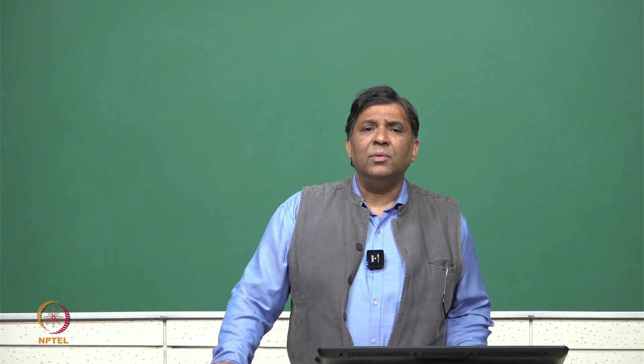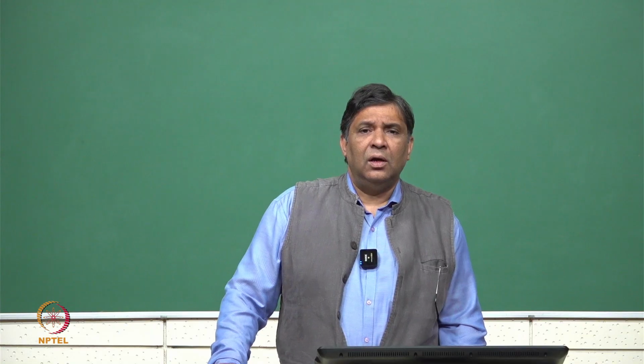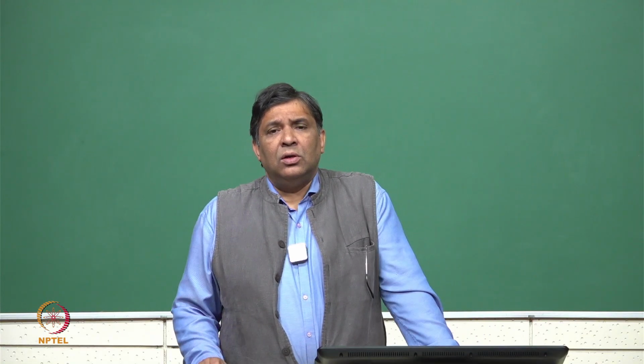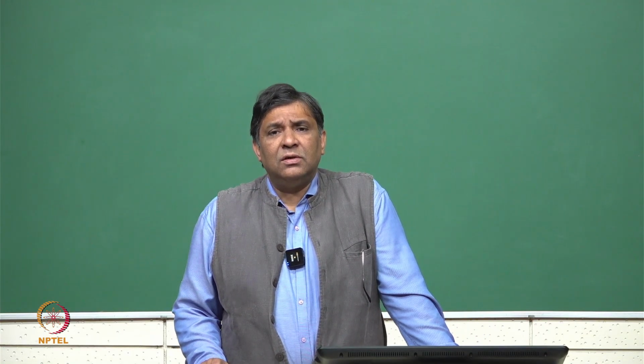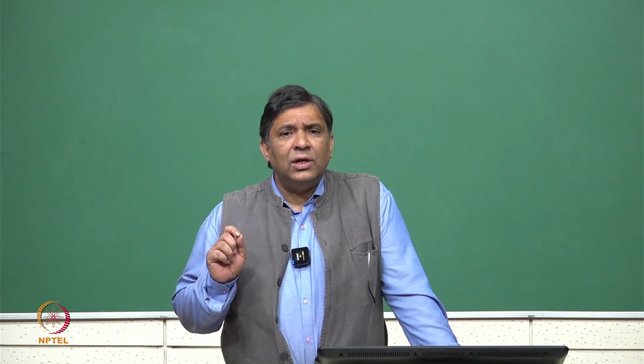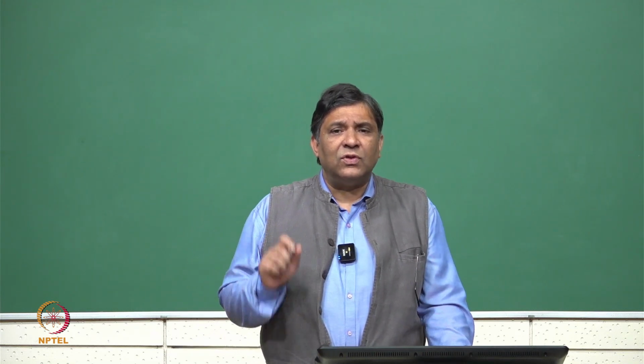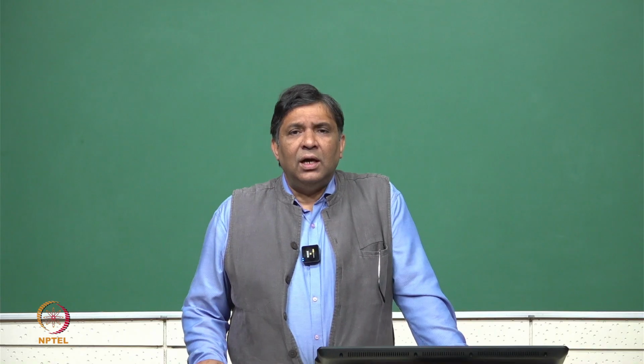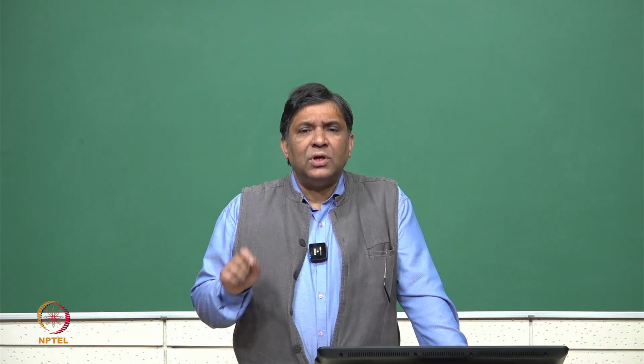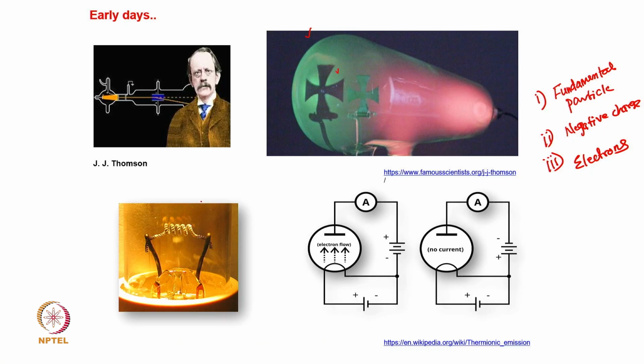Now, this was the discovery of the electron, and then Thomas Alva Edison was working on the generation of light, and he realized that if we have a metallic filament and we heat this filament, then electrons can come out from this filament.